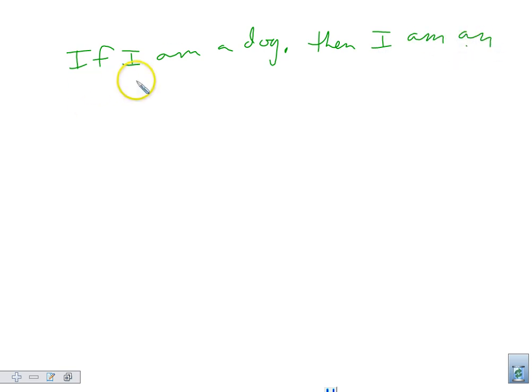Alright, there's a table there that you'll want to fill out. And the example for all of this is if I am a dog, then I am an animal. Do you guys think that's true or false?